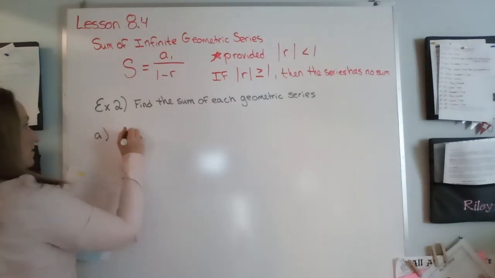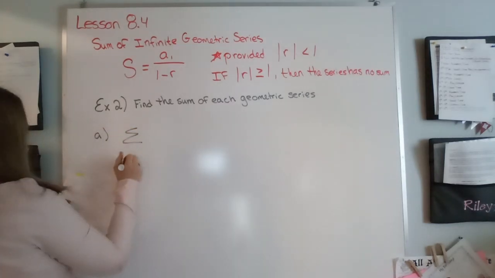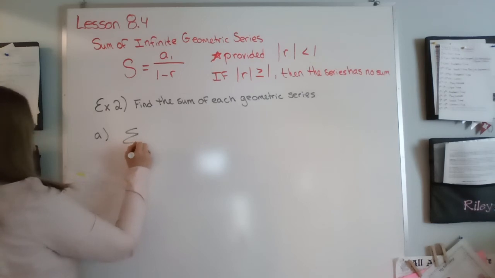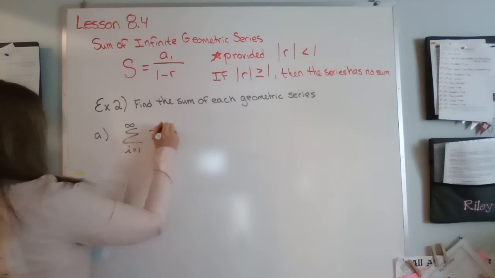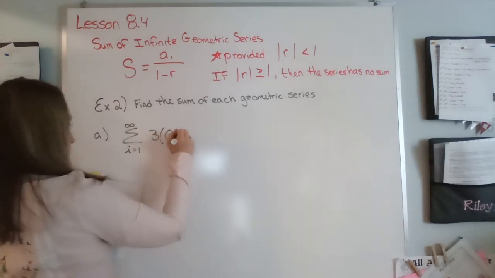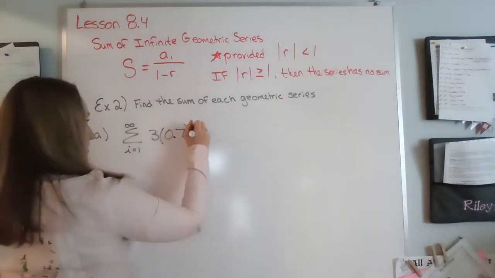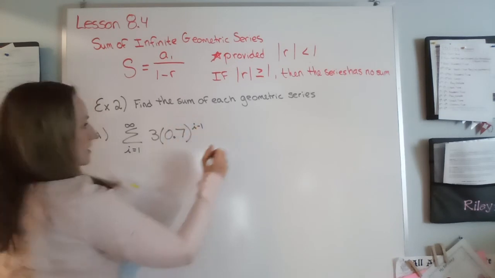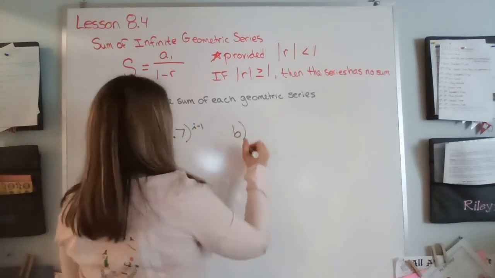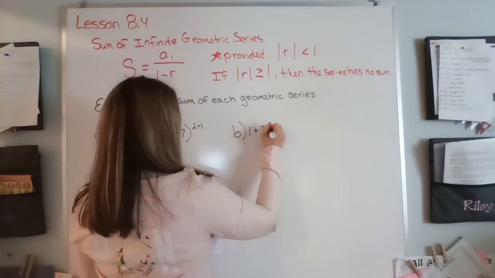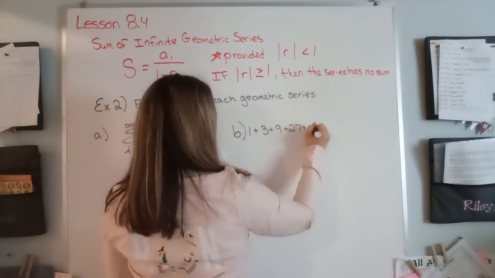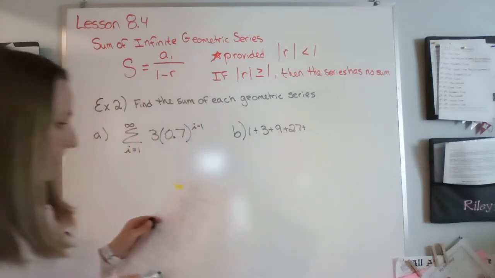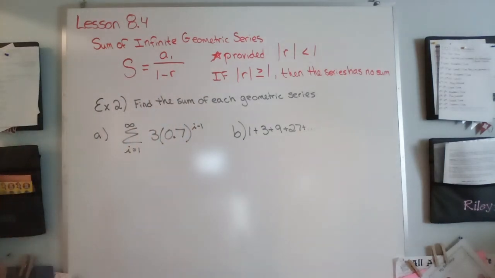First example, lower limit of 1, upper limit infinity, and the rule is 3 times 0.7 raised to the i minus 1. Second example is 1 plus 3 plus 9 plus 27 plus and so on. And I think I'll have to wait off on the third example because I'll be smushing it. So I'll do C in a second.